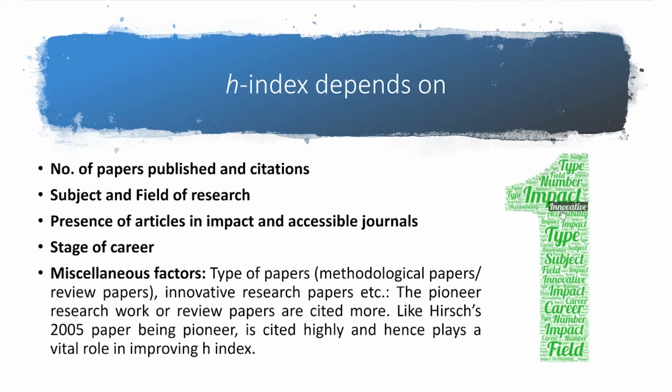The pioneer research work or review papers, for obvious reasons, are cited more. For example, you remember we discussed the Hirsch 2005 paper. Being pioneer, it is cited highly and hence plays a vital role in improving H index of the author.